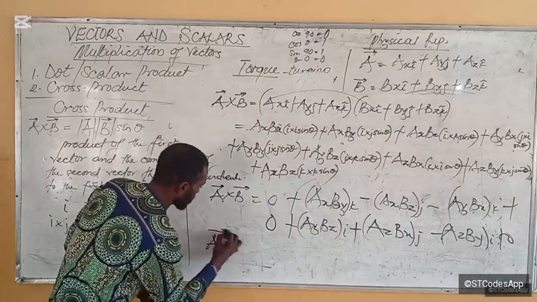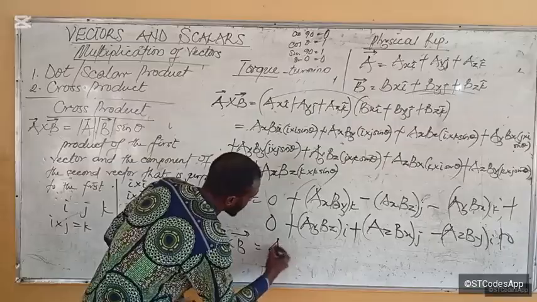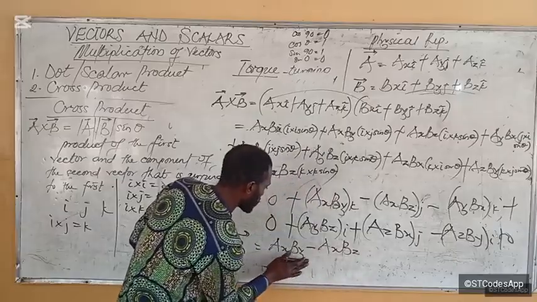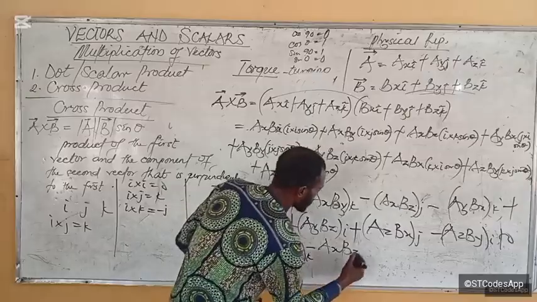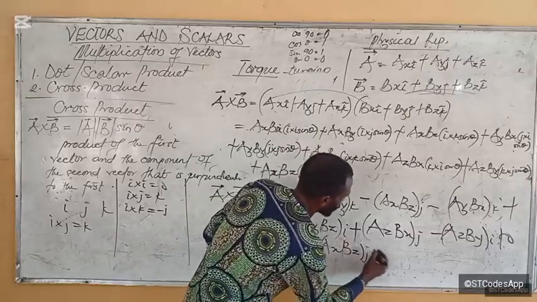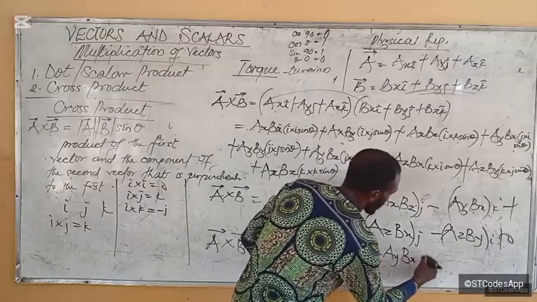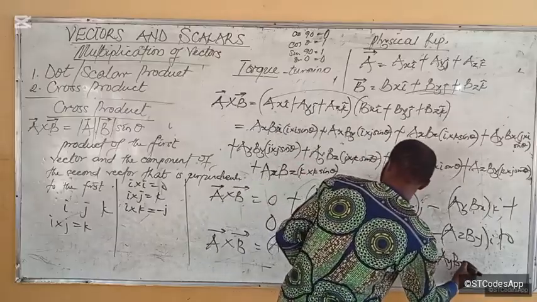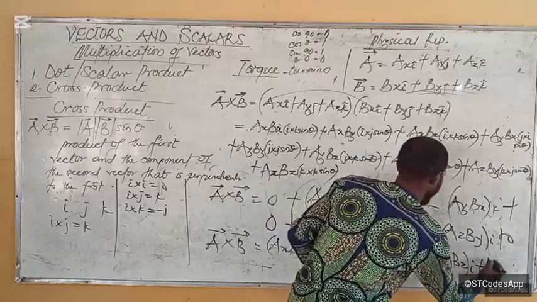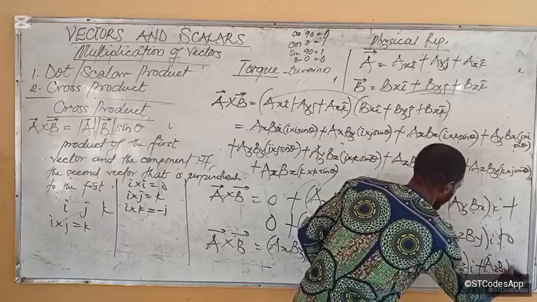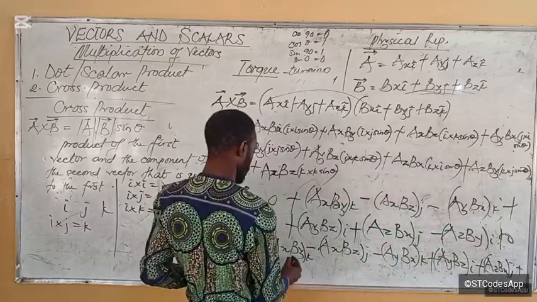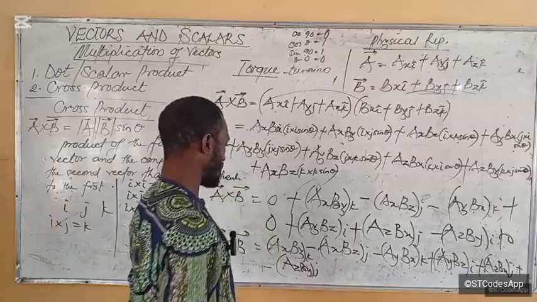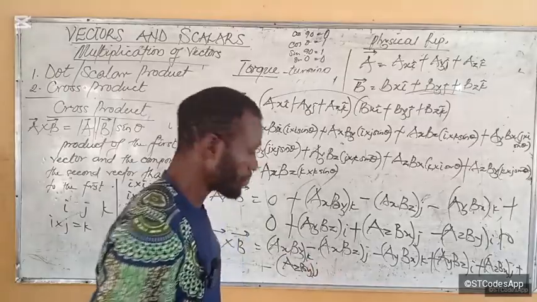So our final answer, A cross B, becomes AXBY minus AXBZ, K, minus AXBZ J, minus AYBX K, plus AYBZ I, plus AZBX J, plus AZBY J. So we have to collect like terms, the ones that are like Js, bring them together.